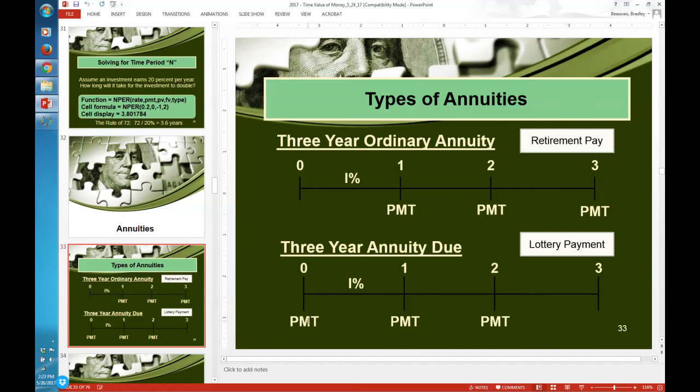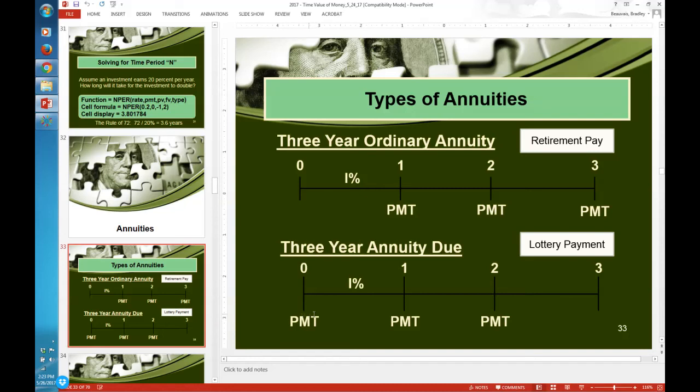I'm fortunate enough to have the winning ticket for the lottery. I go in and I basically show it to the lottery folks in the office, and I walk out with my first payment. Now this is assuming, of course, I don't take a lump sum. I take the annuity, and again over a period of time, but I walk out with cash at basically point 0 or day 1 here.